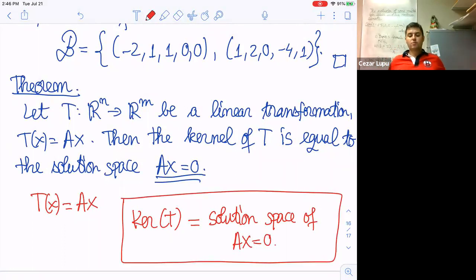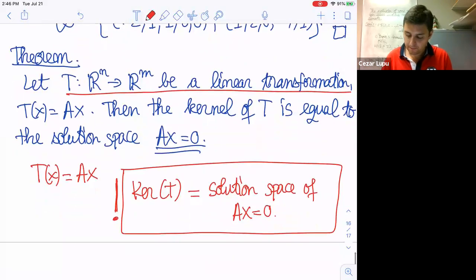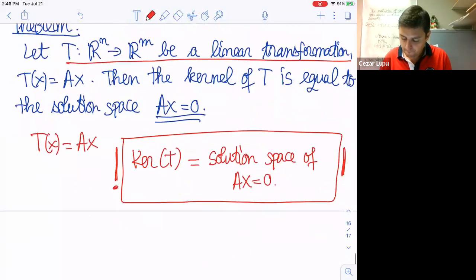So if I have a linear transformation from Rn to Rm, which can be represented by a matrix, there you go. That's it. This is what you need to know. All right. So that would be pretty much about the kernel of a linear transformation.